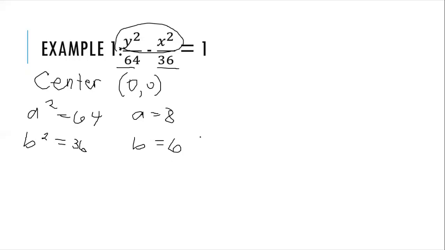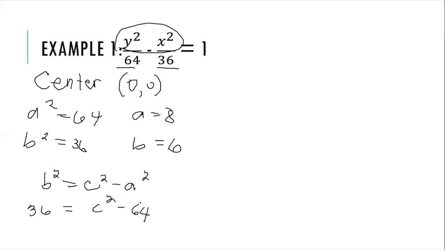And then we have to find the value of our c squared, or the foci. So we use the equation c squared is equal to a squared plus b squared. B squared is 36, and our a squared is 64.